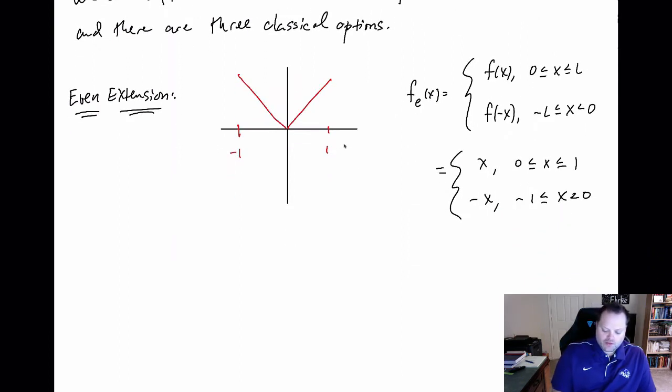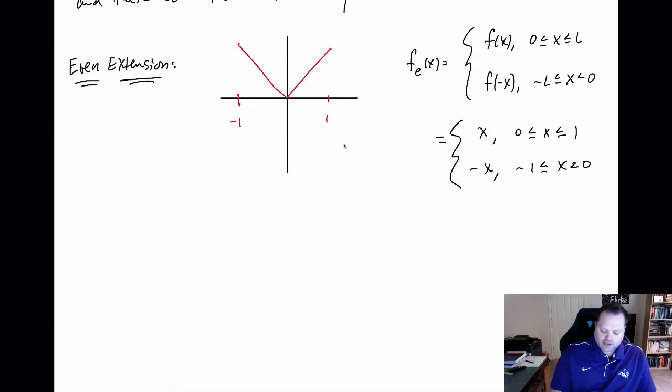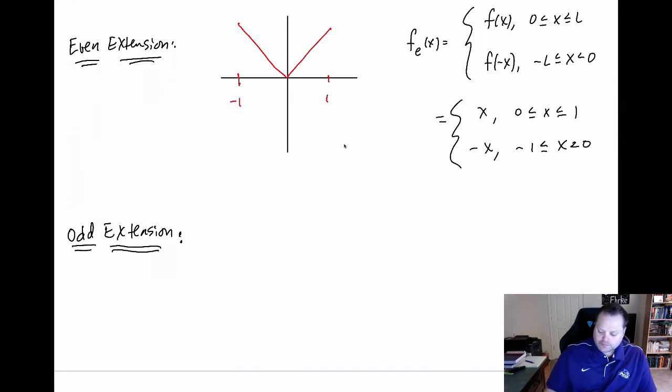All right. The next sort of classical extension is what we call the odd extension. So the odd extension, we've talked about this one as well, at least briefly.